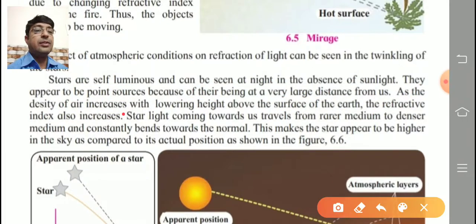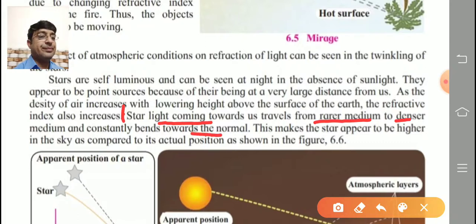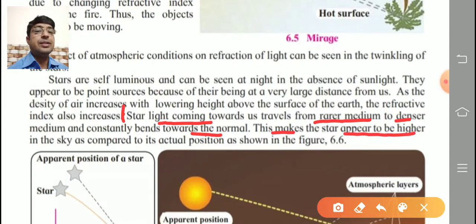Fourth point, start from here. Starlight coming towards us travels from rarer medium to denser medium and constantly bends towards the normal. Next point, this makes the star appear to be higher in the sky as compared to its actual position, that is shown in figure 6.6.